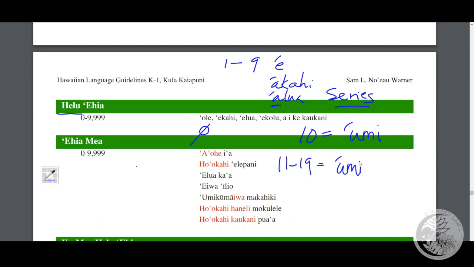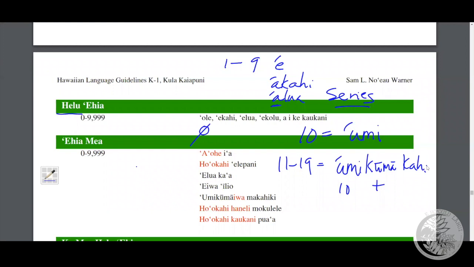Really what you're saying is 10 plus the digit. There are different ways you can express the plus. The common one is the word kuma. So think of 10, and kuma is kind of like the plus. When you have a digit, for example 11, we say umi kuma kahi.